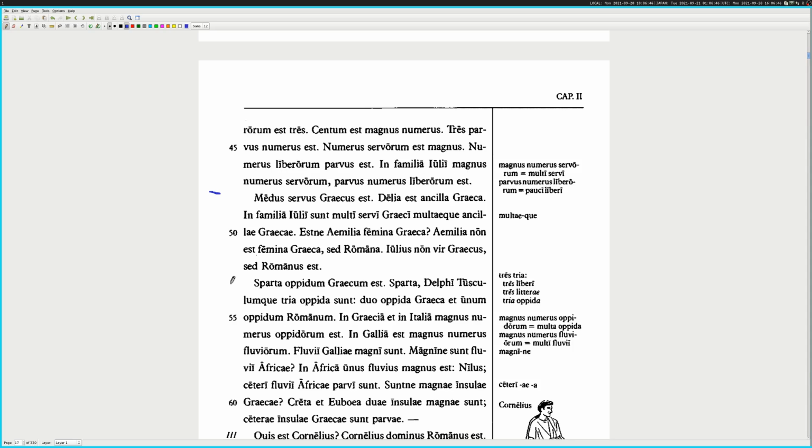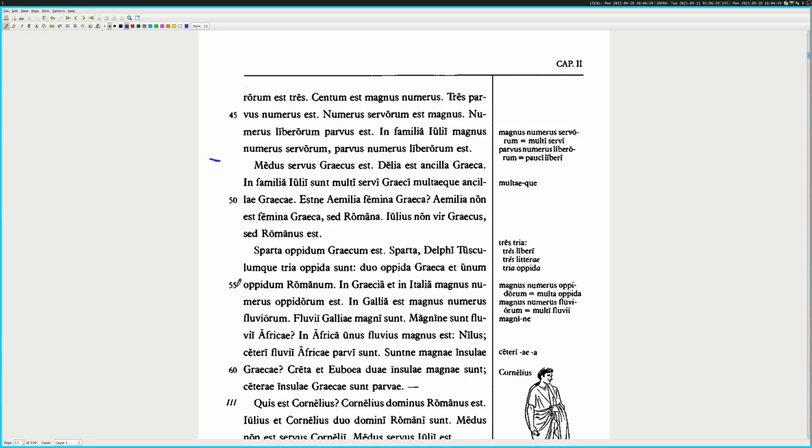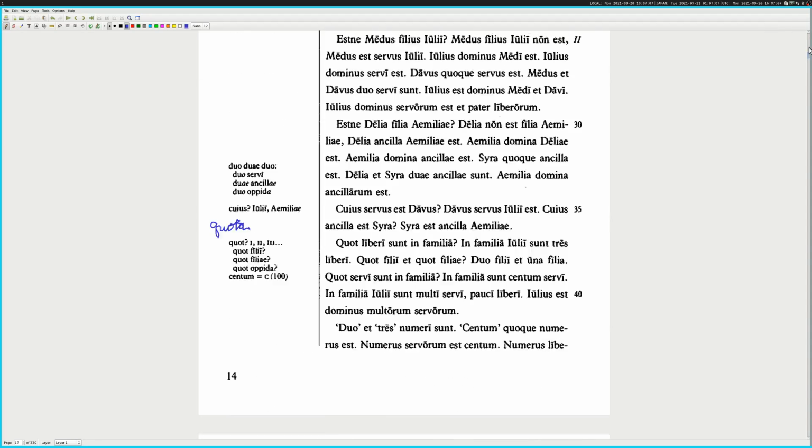rivers in Africa? In Africa, there is one big river, which is the Nile. I mean, there's got to be other big rivers, like the Congo River, but I guess it's possible that this book is old enough that there's no way this was written before colonialism, right?